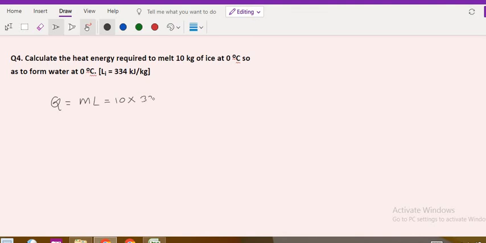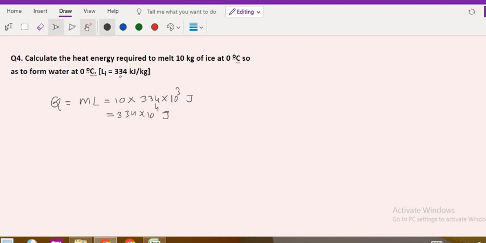So it would be 334 multiplied by 1000, which will be written as 10 to the power 3 joule per kilogram. So the kilogram cancels, and I am left with simply joule. If I calculate, my answer would be 334 into 10 to the power 4 joule. This is the answer for this.